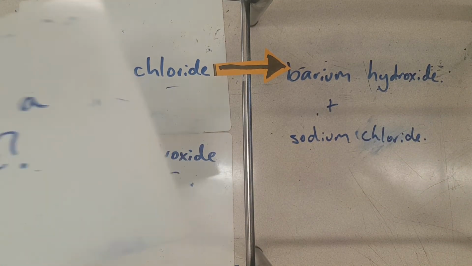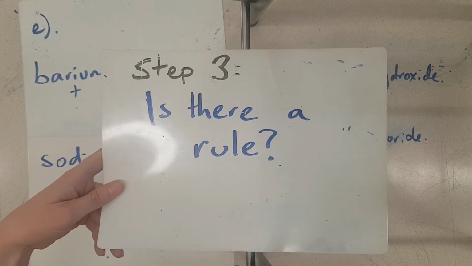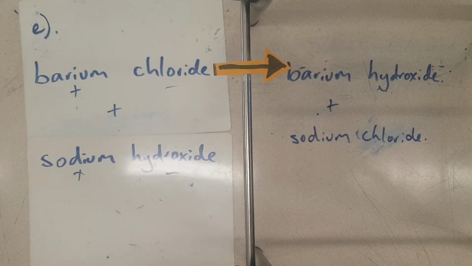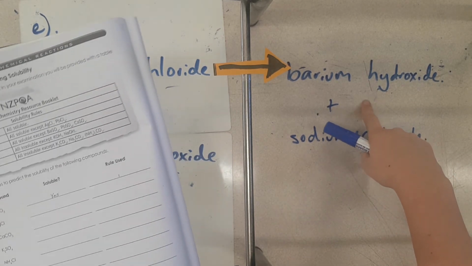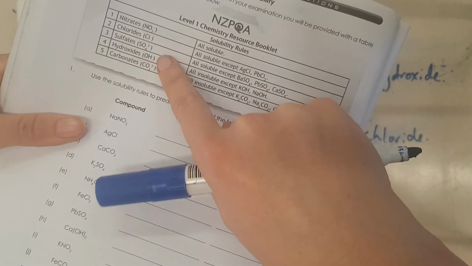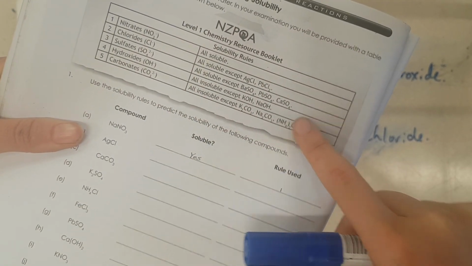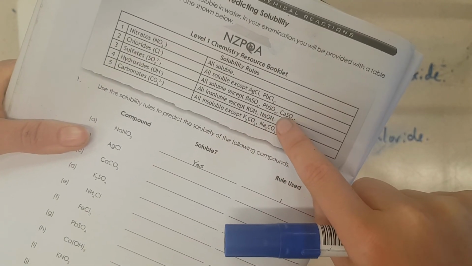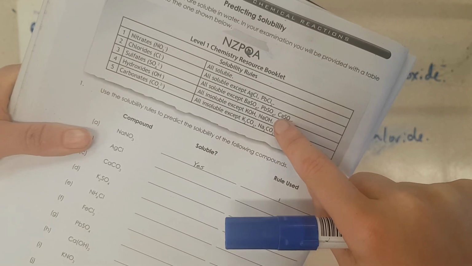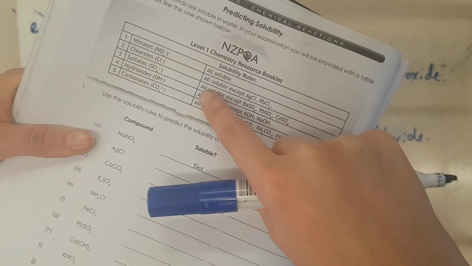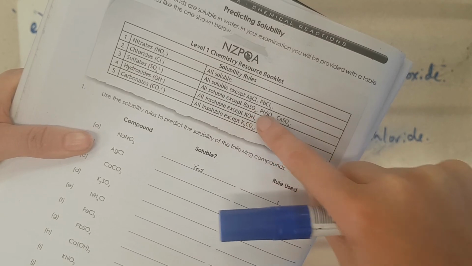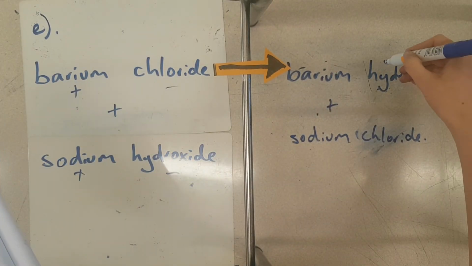Okay, step number 3, is there a rule? In this case there's 2 gaps, so we know that there's going to be 2 rules. So let's look at the barium hydroxide first. And hydroxides are all insoluble except for KOH and NaOH. Barium's Ba, so it's neither of those ones. So we know that barium hydroxide must follow this rule of all of them being insoluble.